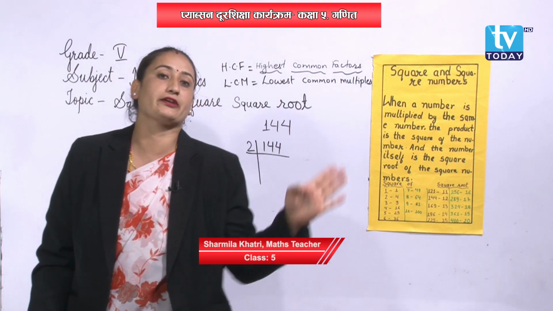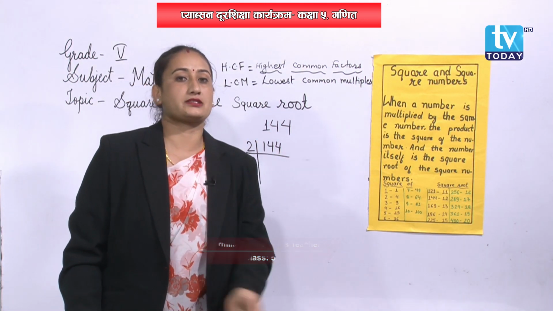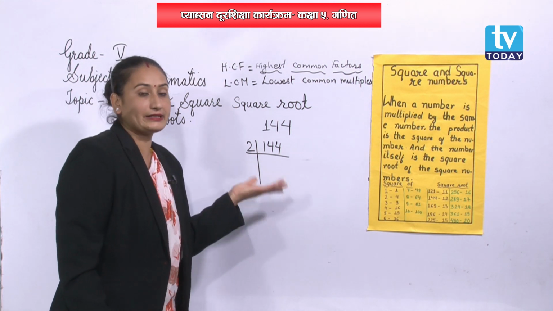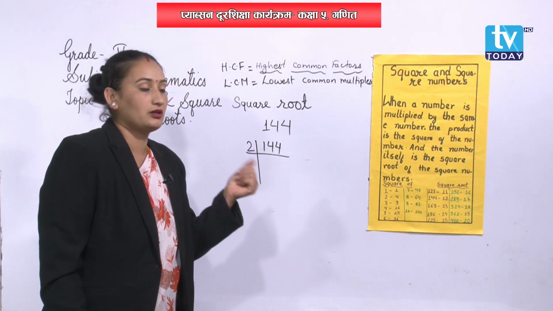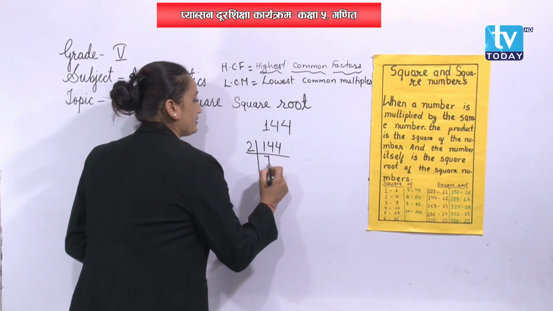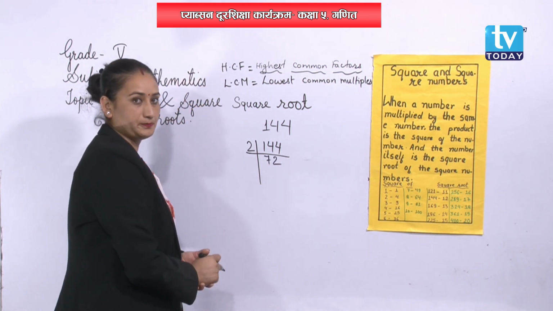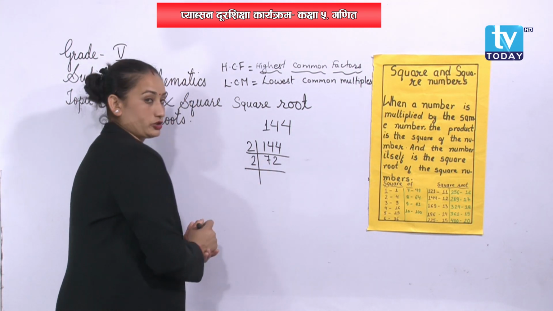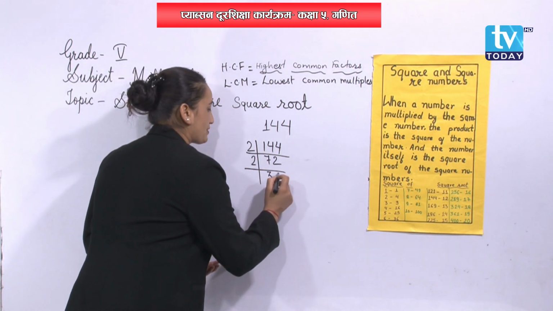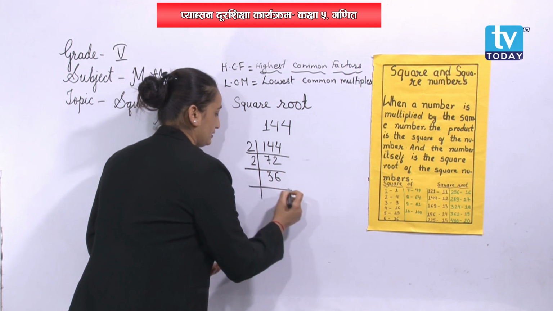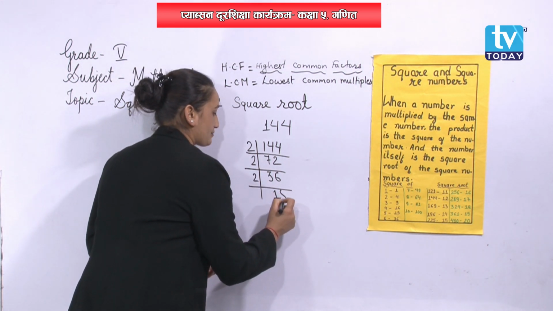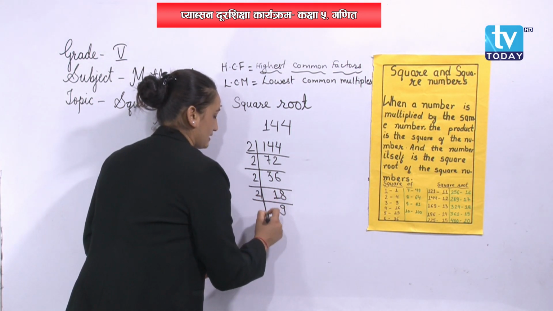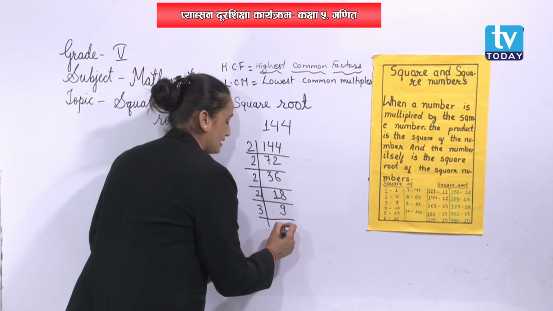Let's factorize the number through the even prime number first of all. 2, 72 times is 144, right? Again, let's divide it. 2, 36 times is 72. Again, 2, 18 times is 36. 2, 9 times is 18 and 3 times 3 is 9.